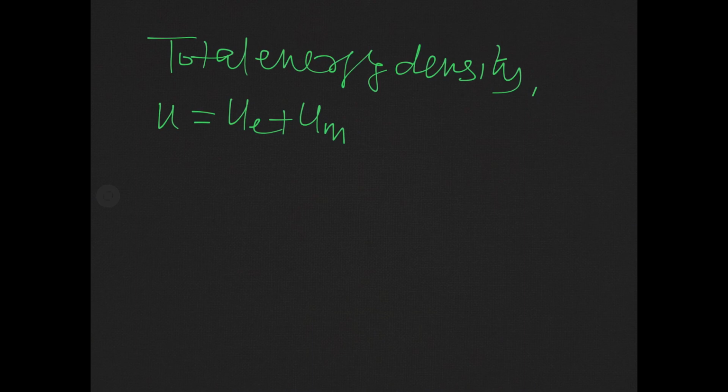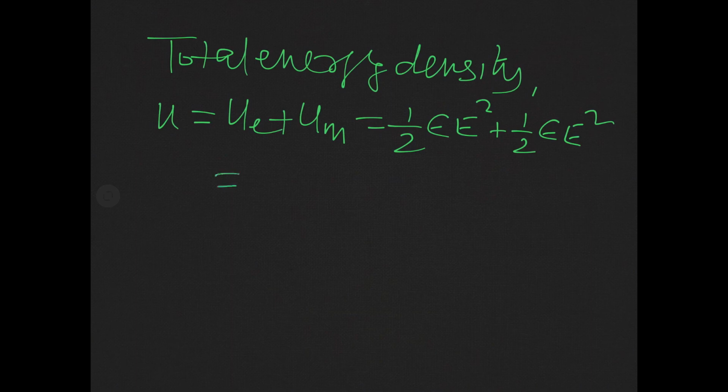And as we have seen that UE and UM both are the same, so we can write it as half epsilon E square plus half epsilon E square, because UM is also equal to UE.